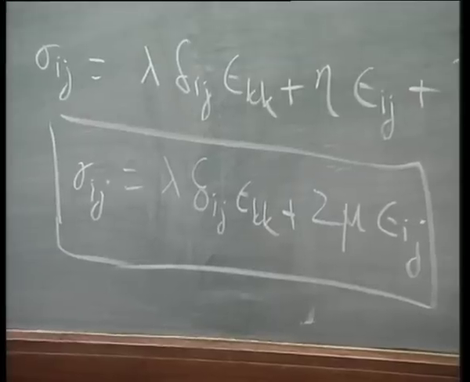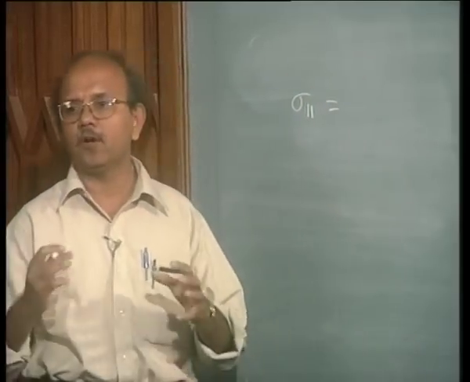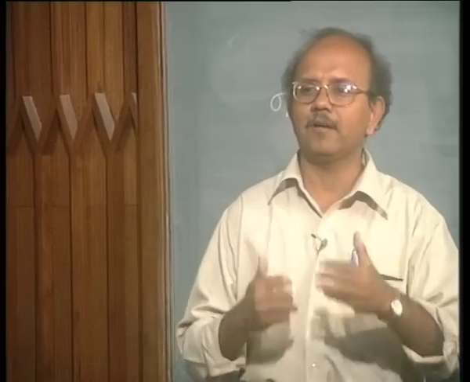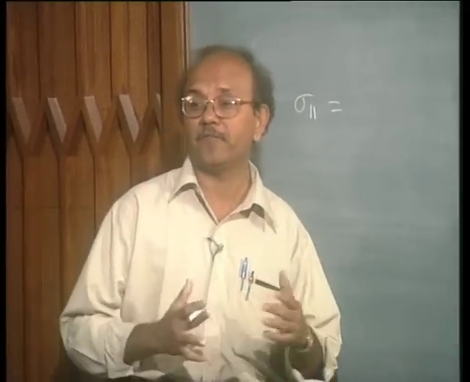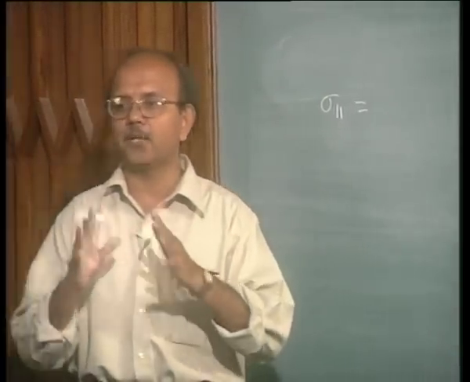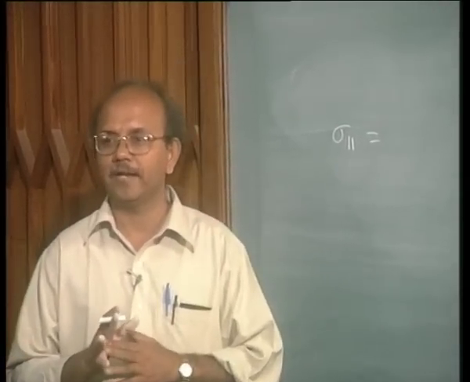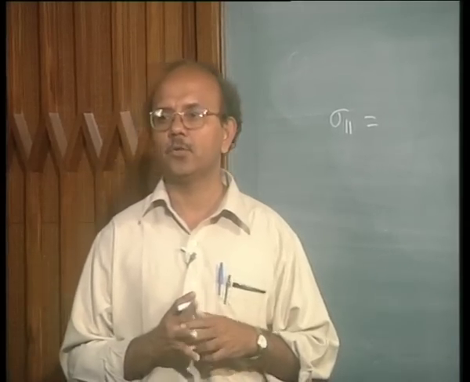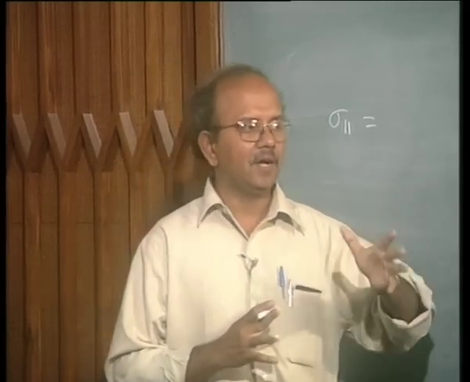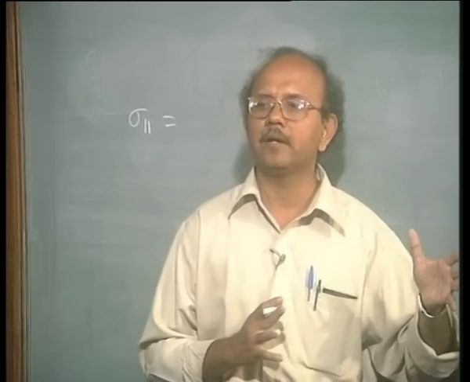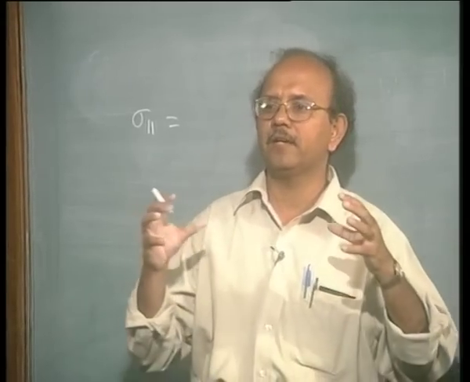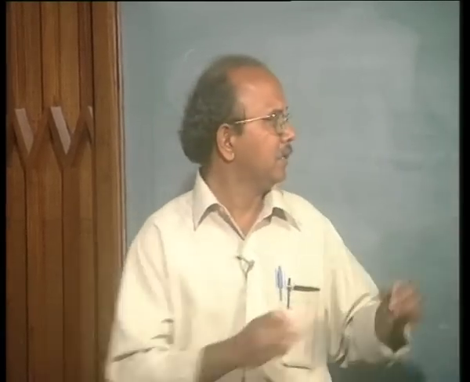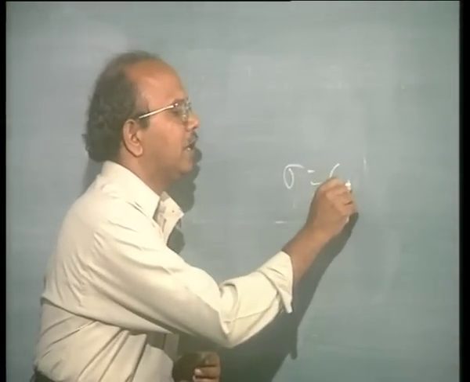So let us say that I'll write it down for sigma 1 1. I know a lot of people want to avoid indicial notation. In fact, there is a simpler way of writing it, I can write this in a tensorial form, but that is also difficult. Okay, so the indicial notations are cumbersome to write, but they bring down the way you write it. For example, our sigma is equal to C epsilon.